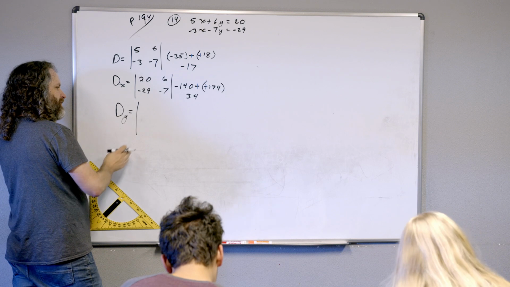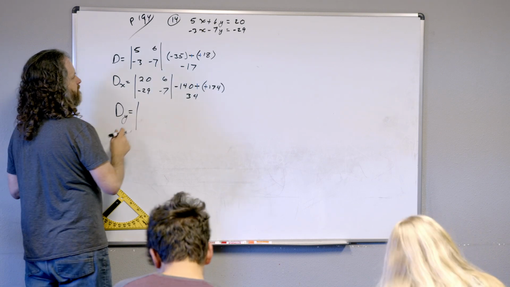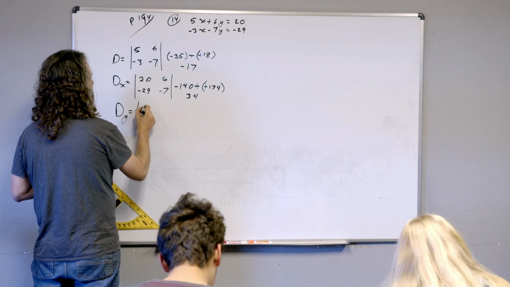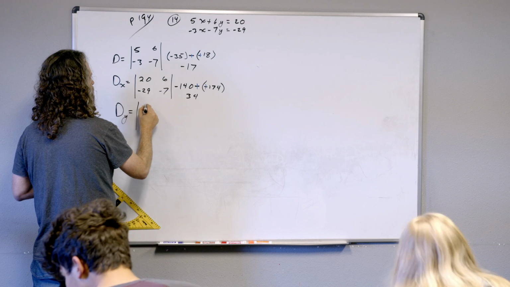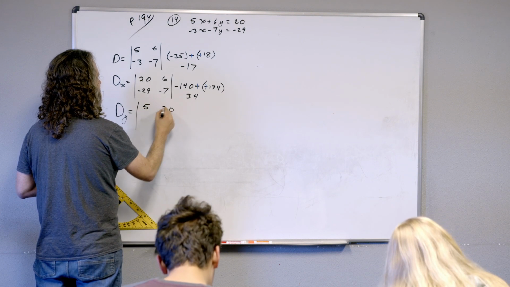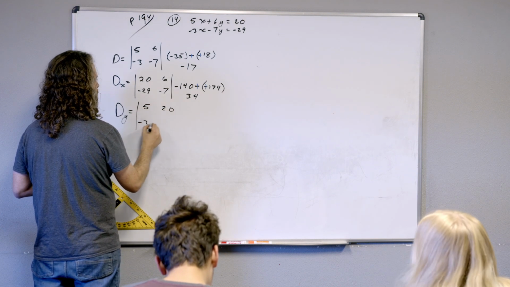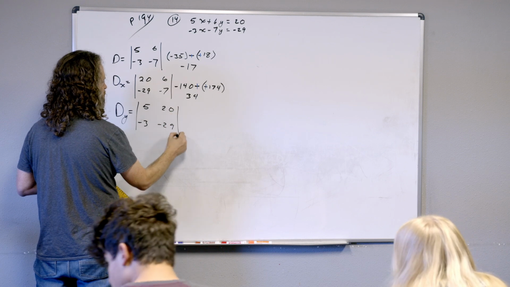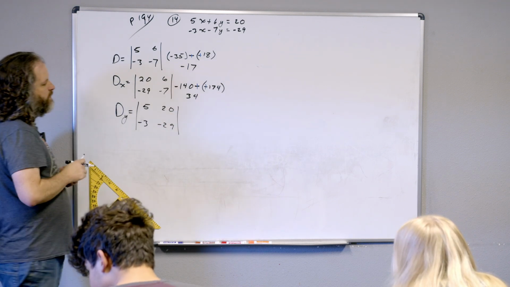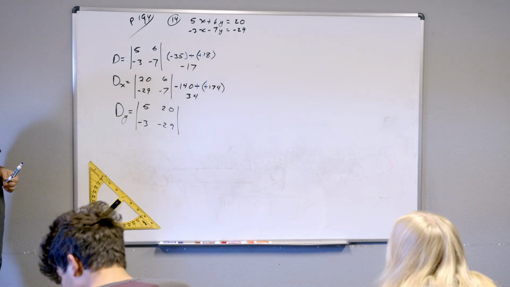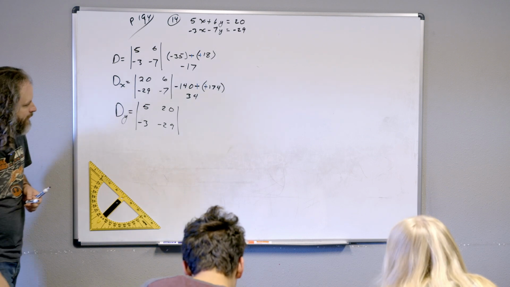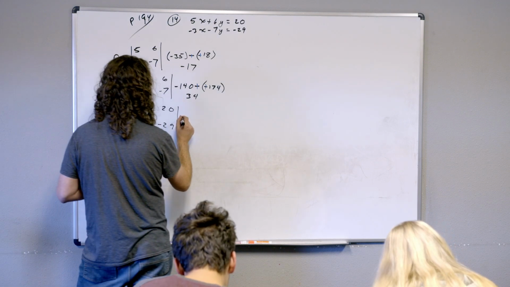Now what do we do for Dy? Replace the y column. Great. So what's 5 times negative 29? Negative 145. There you go.